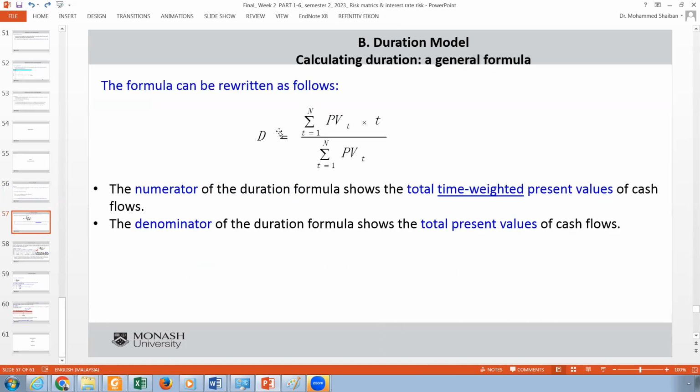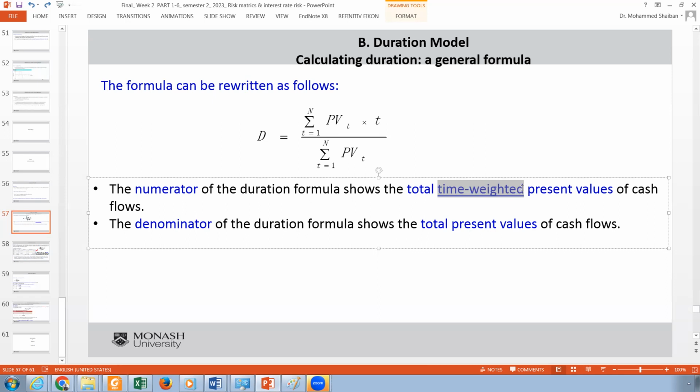Now, this is the formula for the duration. This formula looks very complicated, but it's very easy to understand. The numerator of this formula is actually the total time-weighted present value. I will get the present value of all payments, whether we are talking about a loan or a liability.